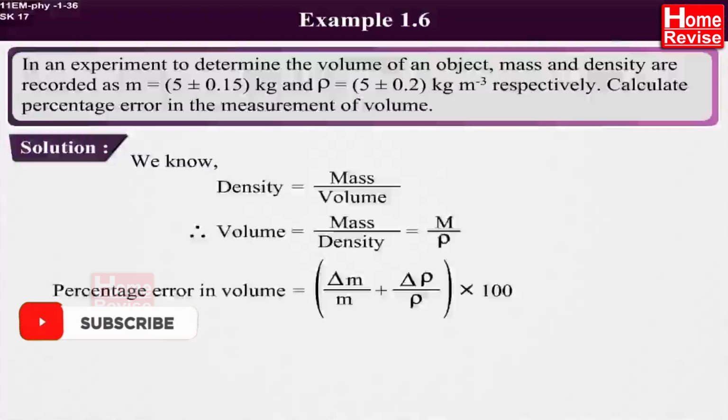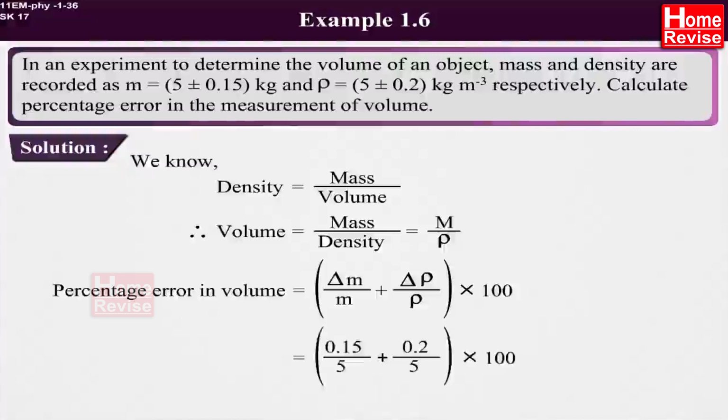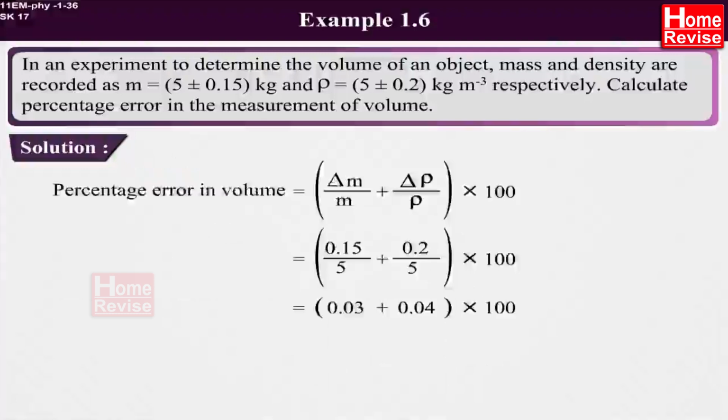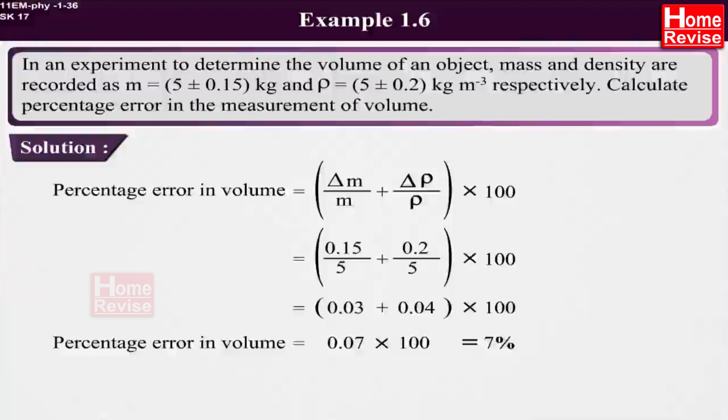Percentage error in volume is equal to (delta m upon m plus delta rho upon rho) multiplied by 100, which is equal to (0.15 upon 5 plus 0.2 upon 5) multiplied by 100, which is equal to (0.03 plus 0.04) multiplied by 100, which is equal to 0.07 multiplied by 100 is equal to 7%.